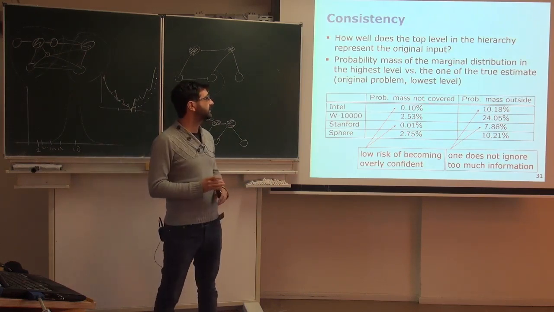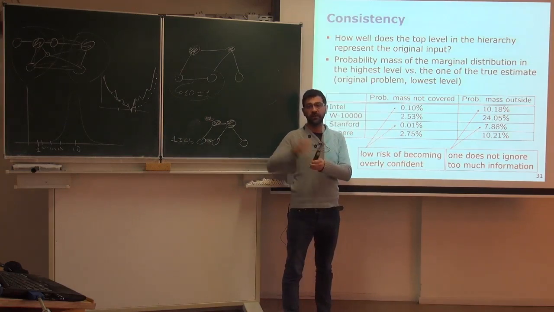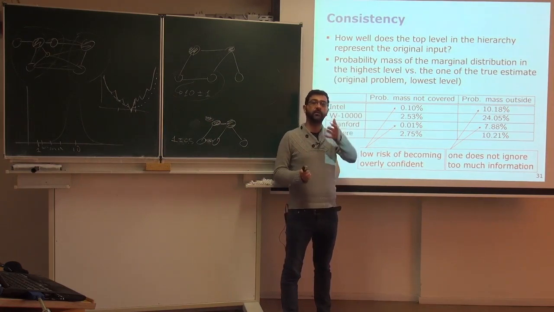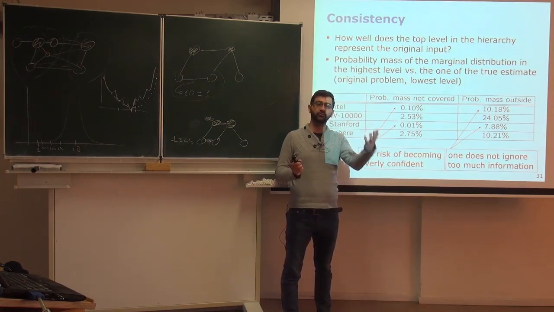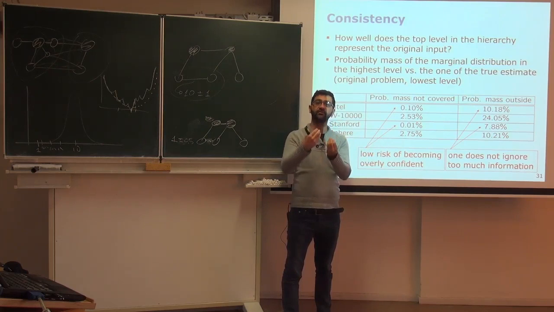So the idea here is that we can get an estimate of the final map in terms of the estimate of the final poses, and then we can check if the probability mass of the true solution is inside the mass of the approximation and vice versa. Okay, so how much of this is covered or not?